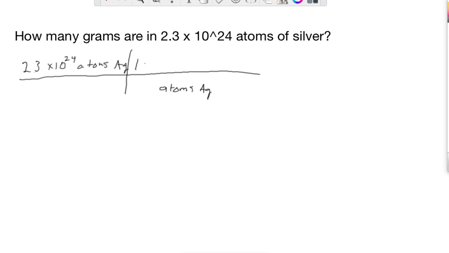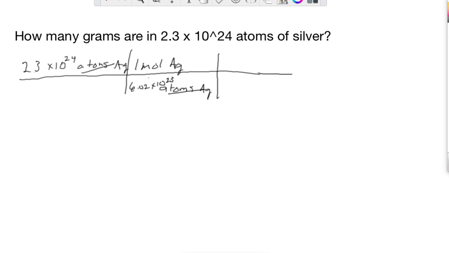So I need to know how many atoms are in 1 mole of silver. Now, if you recall, a mole is a really big number, and it is 6.02 times 10 to the 23rd. Sorry, I didn't leave enough room there, but anyhow, 6.02 times 10 to the 23rd atoms of silver are in 1 mole of silver.